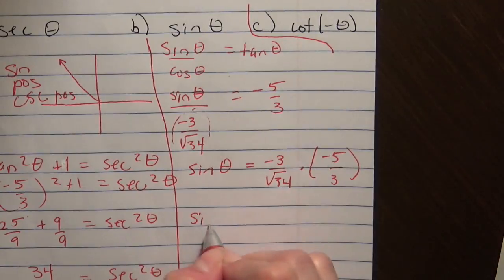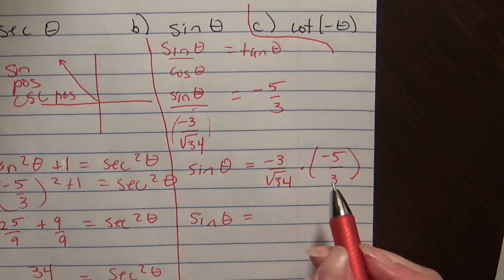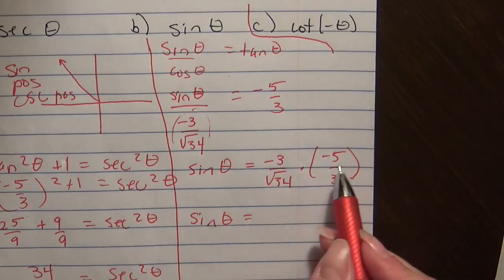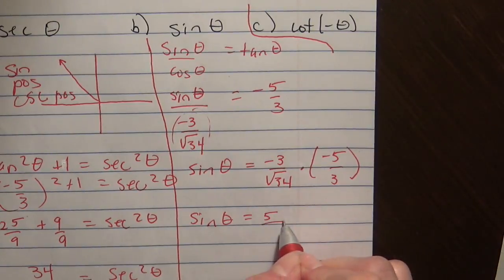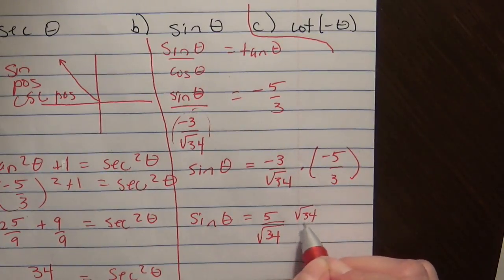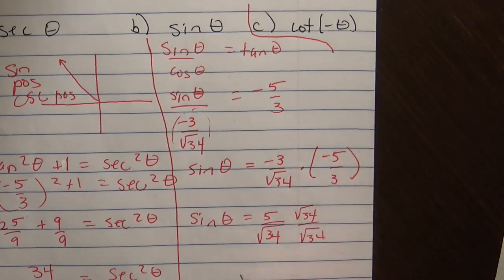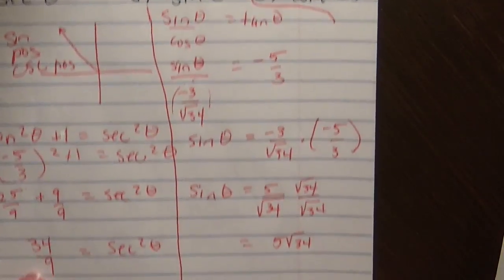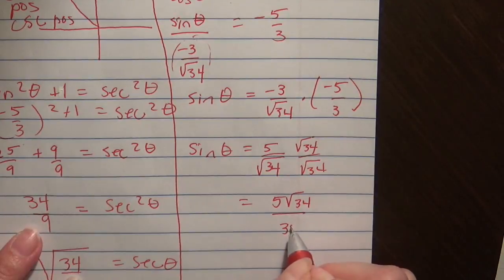So sine theta equals, the 3's cancel and the negatives cancel. I've got 5 over the square root of 34. Rationalize the denominator, and that gives me 5 square root 34 over 34.